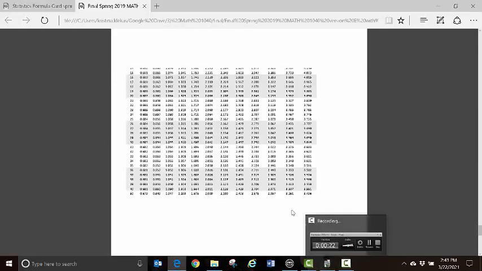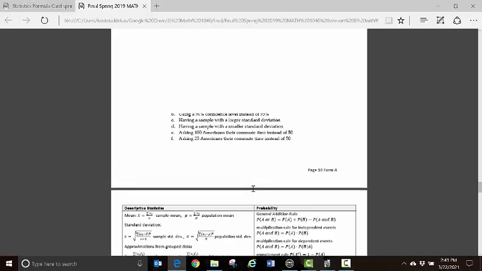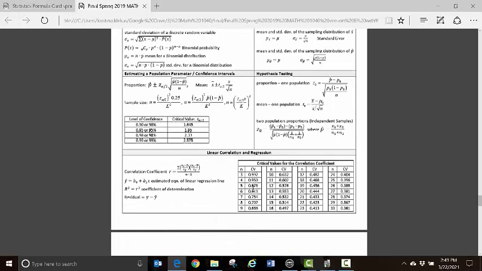Sorry, I'm trying to find the most current version of the formula card. Here it is. All right.